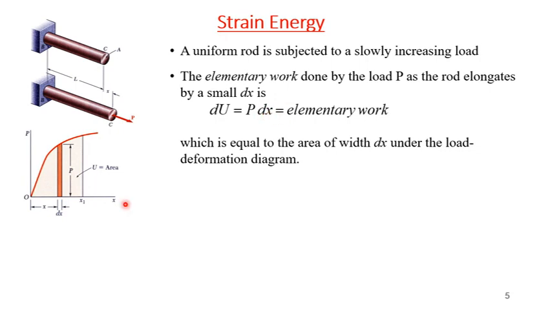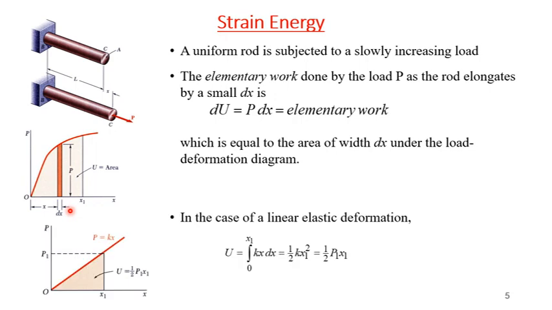Now if I want the whole work done to produce the deformation, that will be the area under the whole curve, the total work done, right? This is the amount of work done on that structure or machine member with that amount of load P.